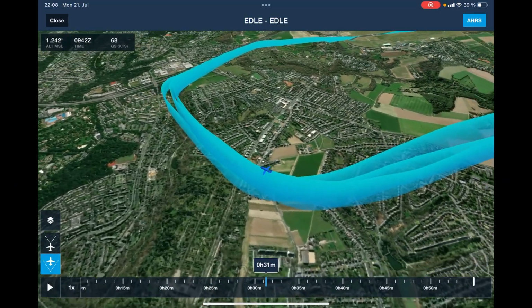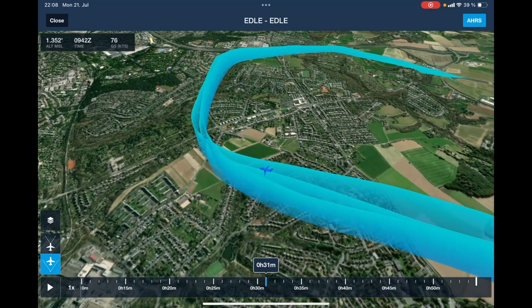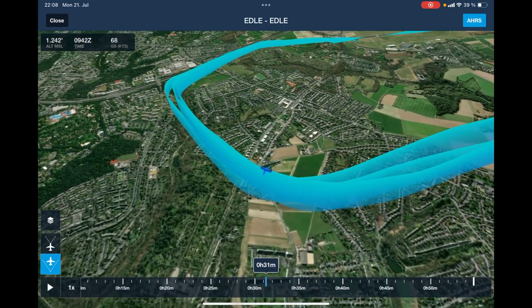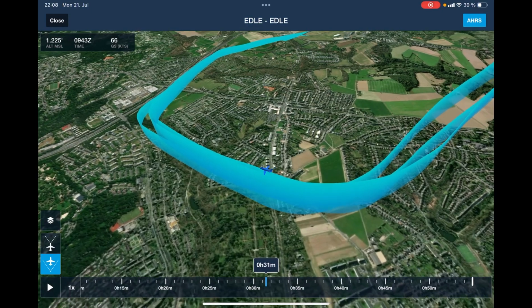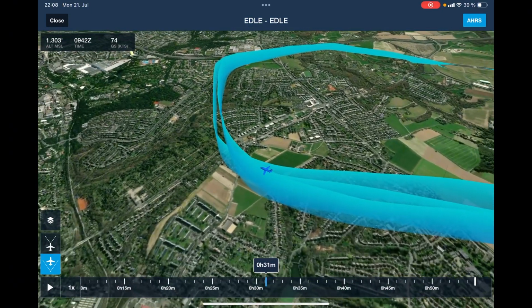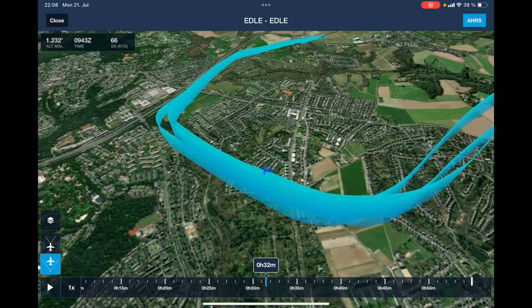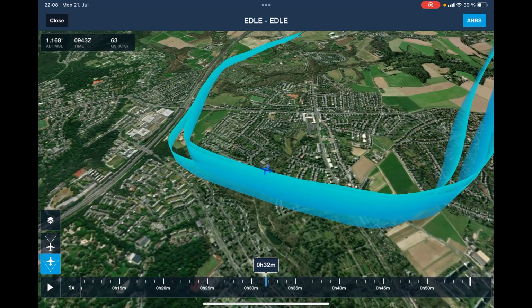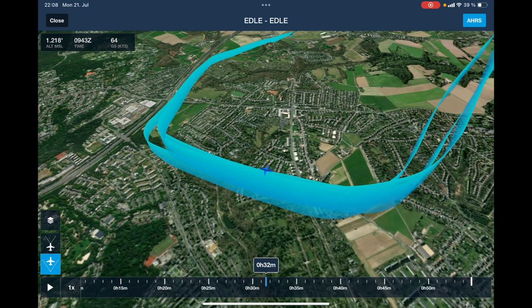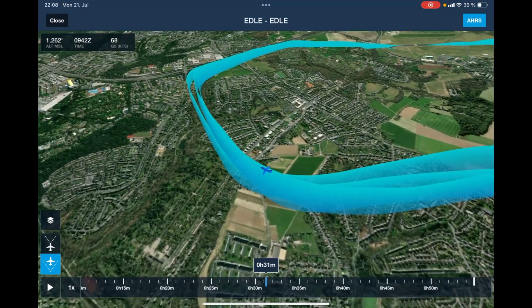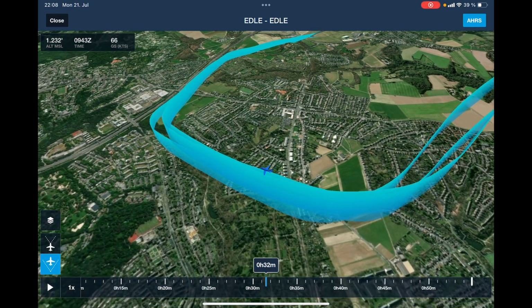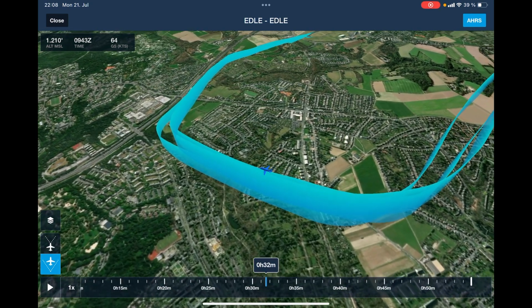But I should have learned, because this time again I'm losing not only my speed, but I'm losing my altitude at this point as well. I believe I know my mistake. I think I was not trimming the aircraft properly for the slow flight, which is why I'm losing my altitude.